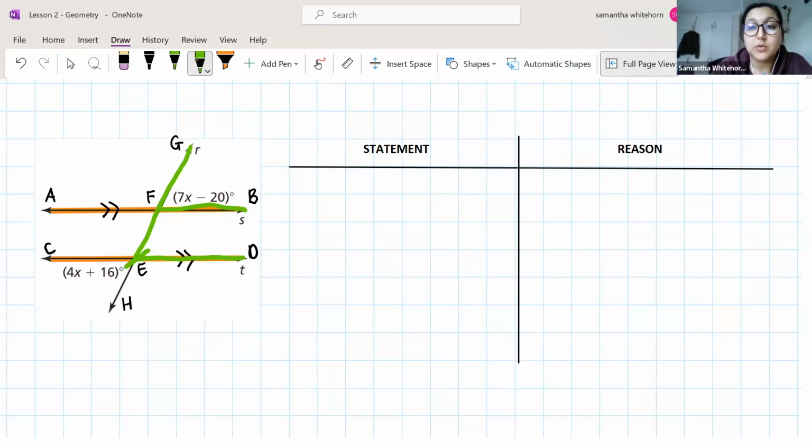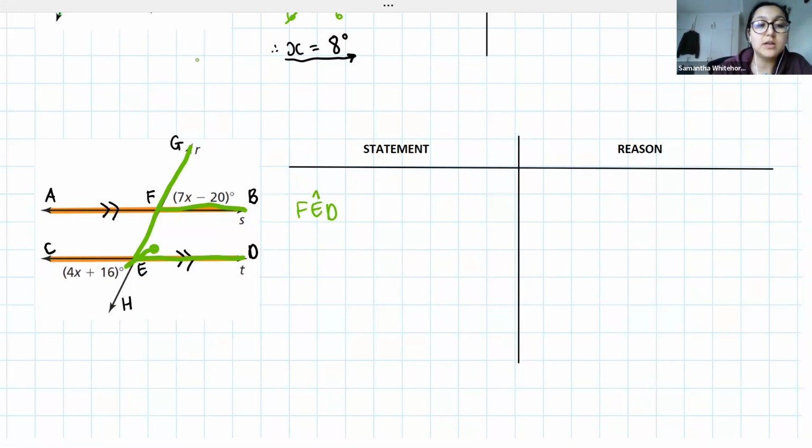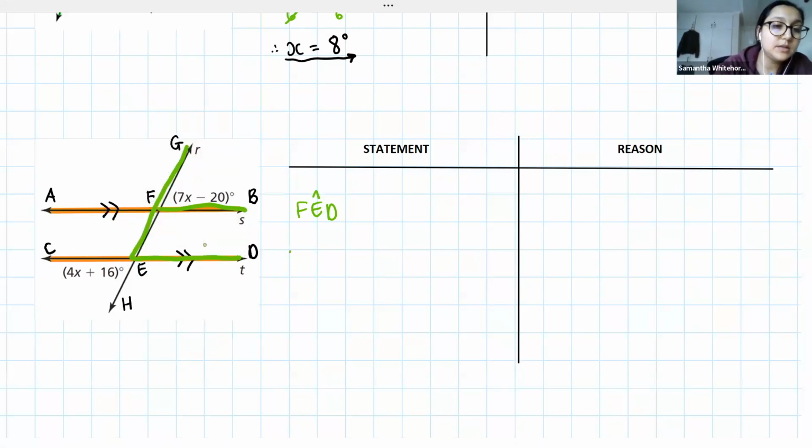You've got no options. You have to write everything down that you do. So angle FED, we're not too sure where angle FED is. It's this one over here with the circle on it. So here's FED. FED, we've just said, is equal to 4x plus 16 degrees, and my reason is vertically opposite angles.